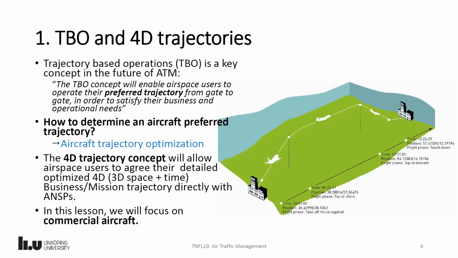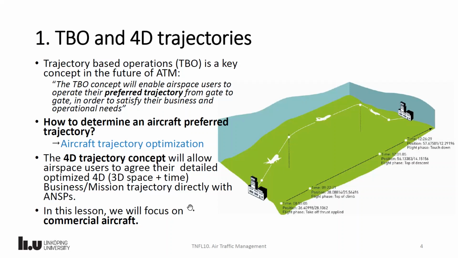And also we have another concept, which is the 4D trajectory concept. This is a concept that is very related to trajectory-based operation, and it's basically the sharing of information of trajectories from the aircraft users to the air navigation service providers and all the other stakeholders that may need that information.